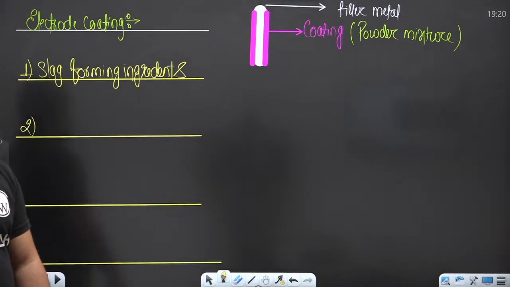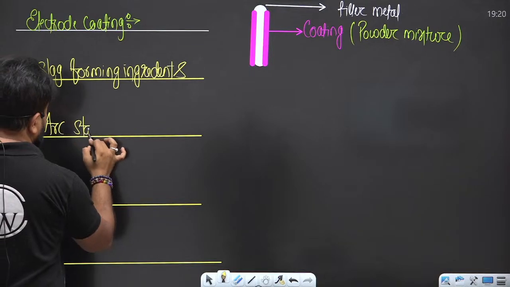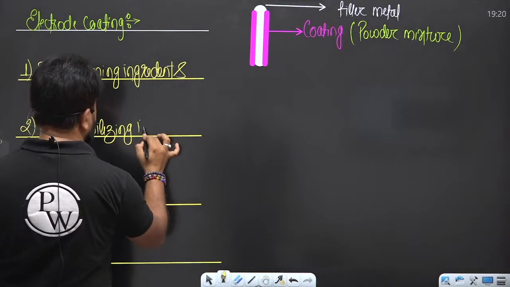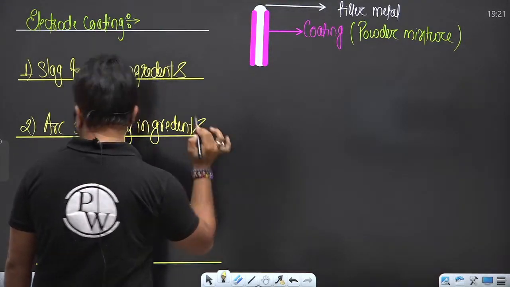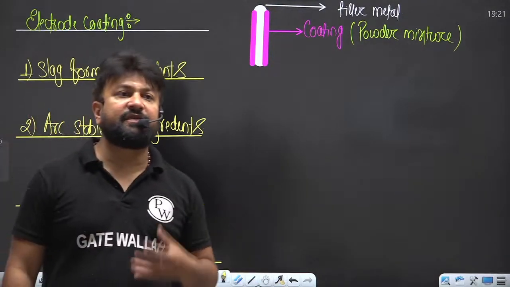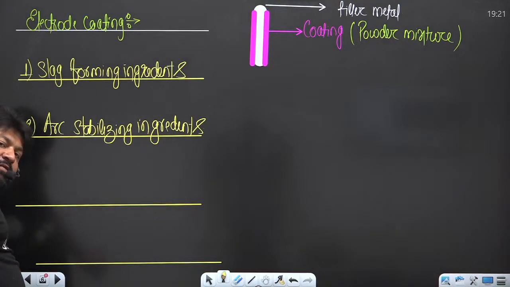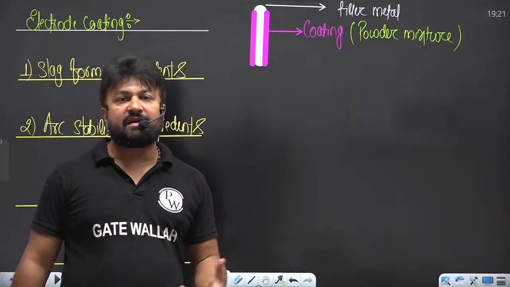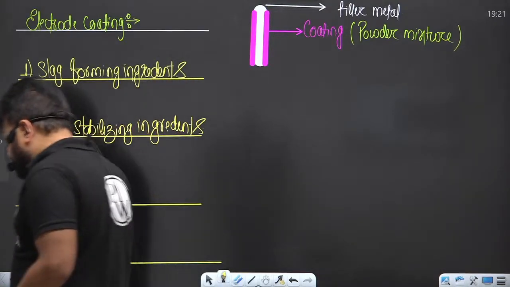Number two is arc stabilizing, which controls the arc. Slag forming basically forms the slag, while arc stabilizing maintains the arc and makes it stable.